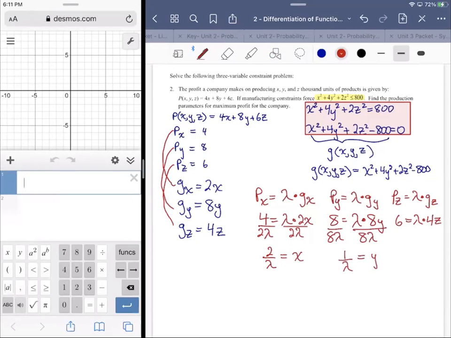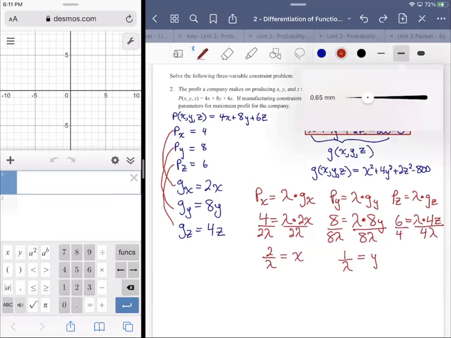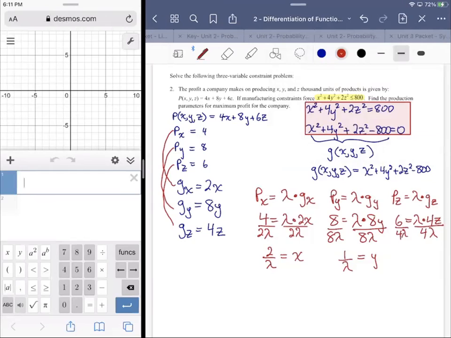It's just a little easier. It's basic algebra. And then dividing by 4 lambda. I almost wrote a z. For z equals 3 over 2 lambda.